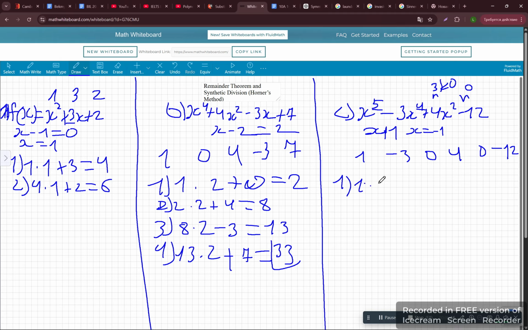There is a plus, so x is equal to minus 1. 1 multiplied by minus 1 minus 3 is minus 4.